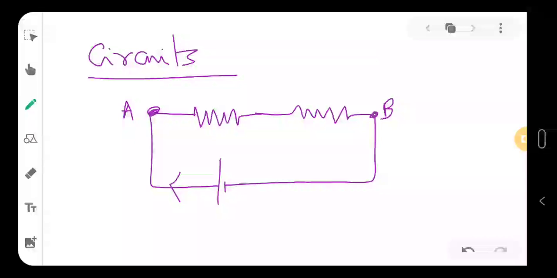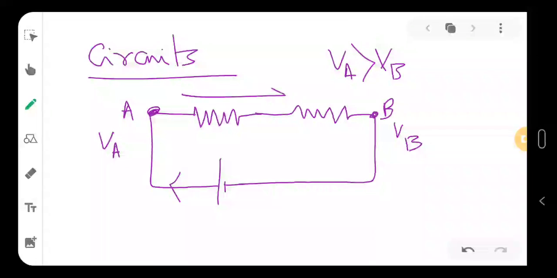So if the energy VA is higher than VB, only then will positive charge flow from A to B, because charges want to stay in the lowest possible energy states. Okay.